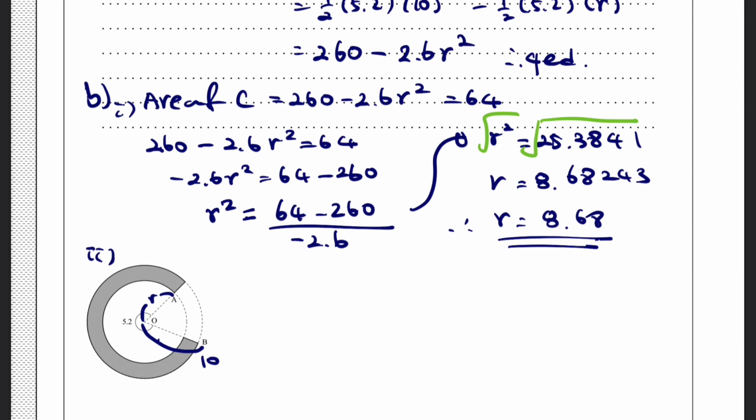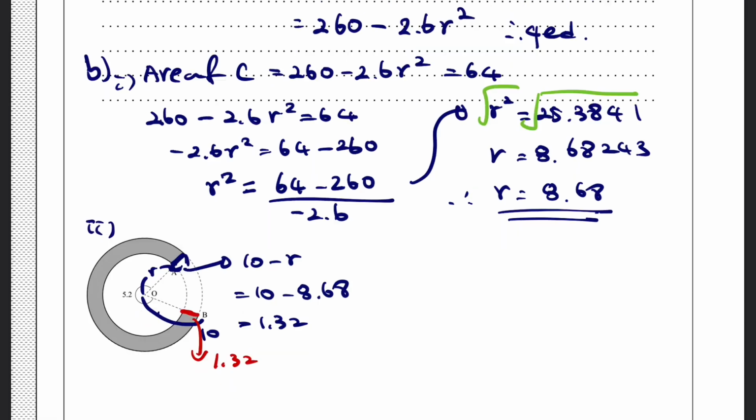The size of this part here is 10 minus r, so 10 minus 8.68 gives 1.32 for this side part, which means this side here also has a length of 1.32.